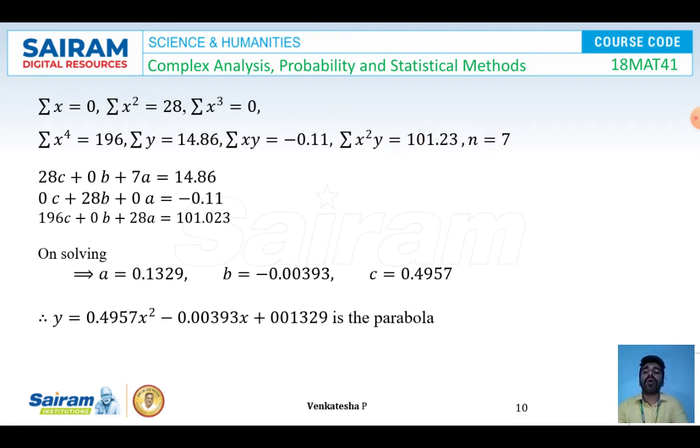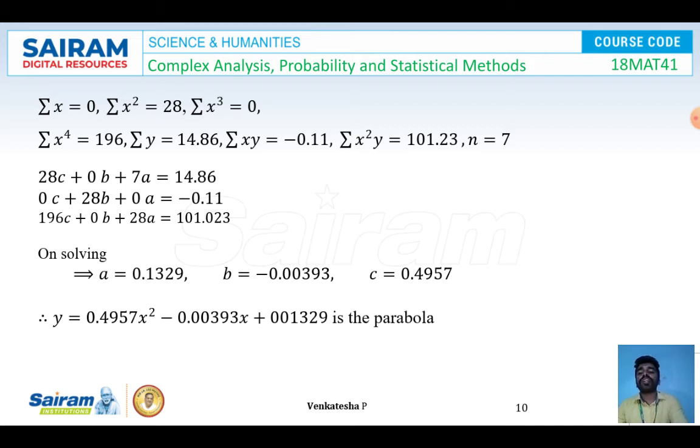So replacing all these values in the normal equations, I got 28c plus 0b plus 7a is equal to 14.86, 0c plus 28b plus 0a is equal to minus 0.11, 196c plus 0b plus 28a is equal to 101.023.